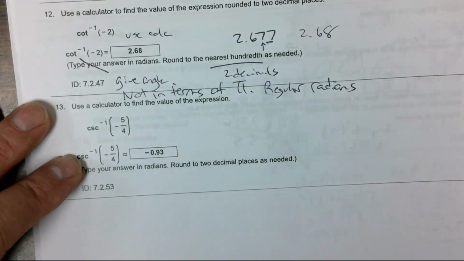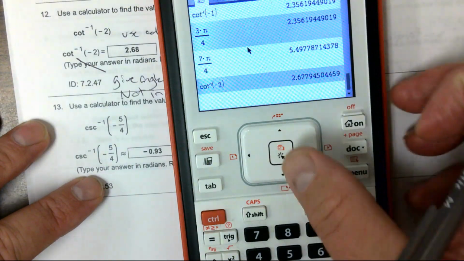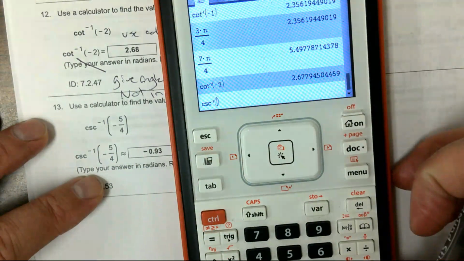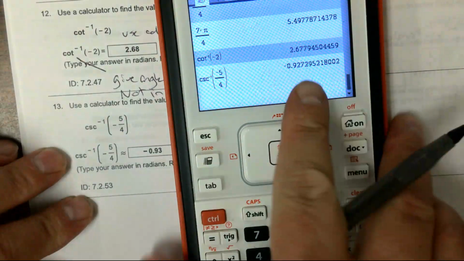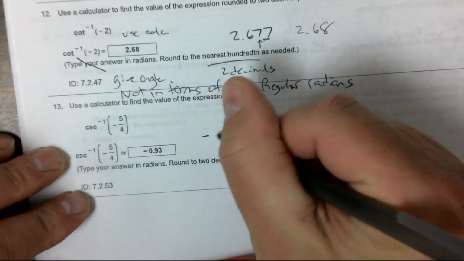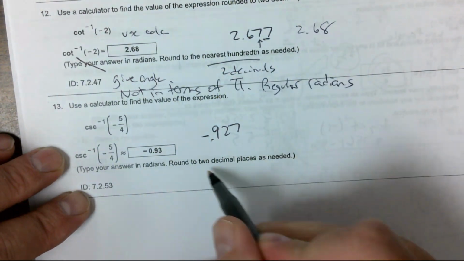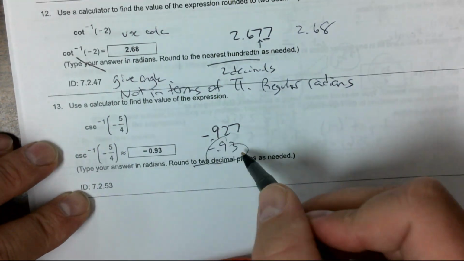Okay. And then here, inverse cosecant of -5/4. Negative 0.927. And so rounding that, you get -0.93. So that's your answer.